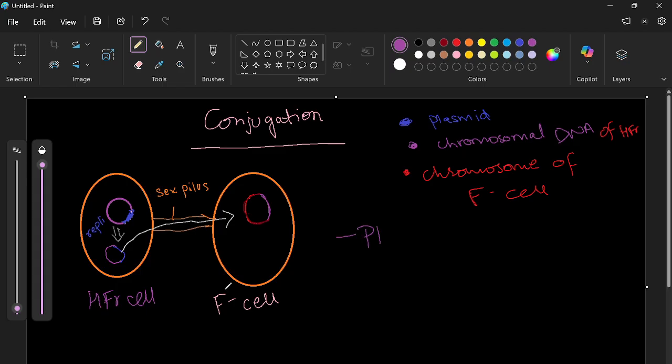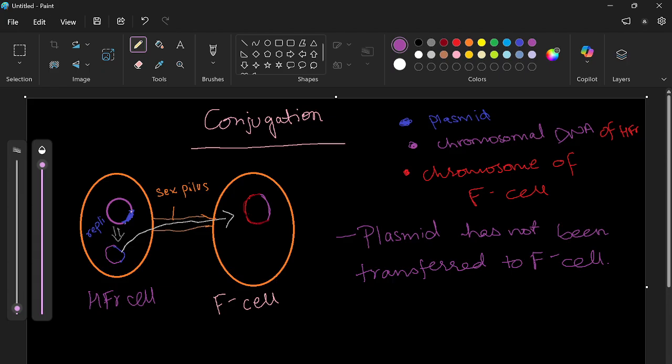What is the important point? The plasmid has not been transferred to the F minus cell. And remember, only when a plasmid enters the F minus cell will the F minus cell become an F plus cell.